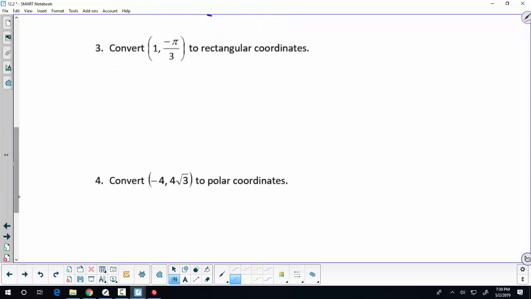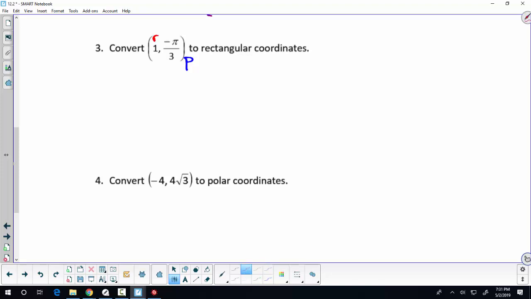So convert the following point to rectangular coordinates. I don't think our textbook does, but sometimes there's a P next to the point, so we know that it's polar. Anyways, we've got a polar point, 1, negative pi over 3, and we want to convert that into rectangular coordinates.